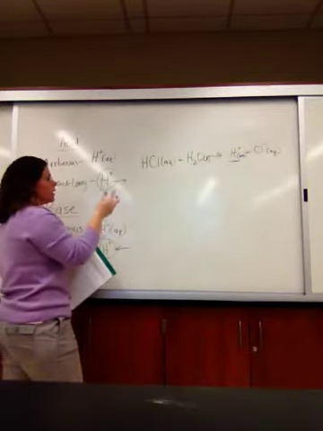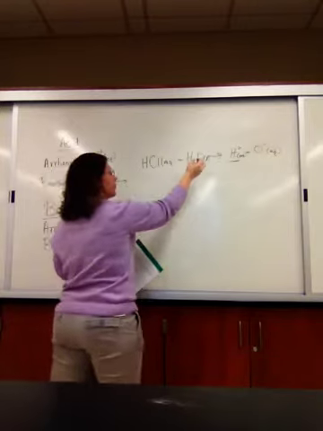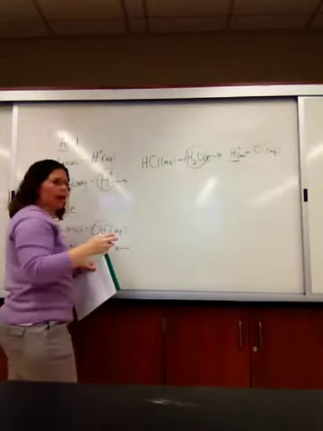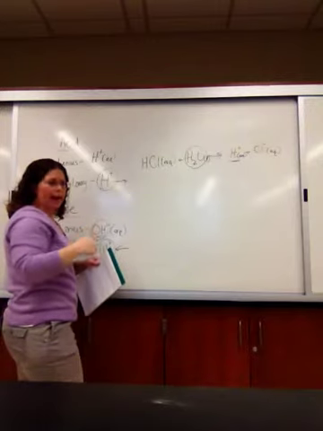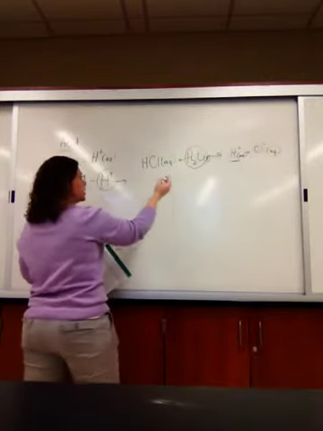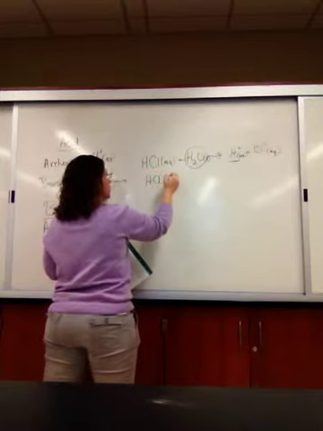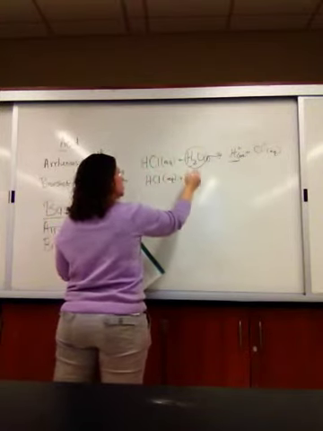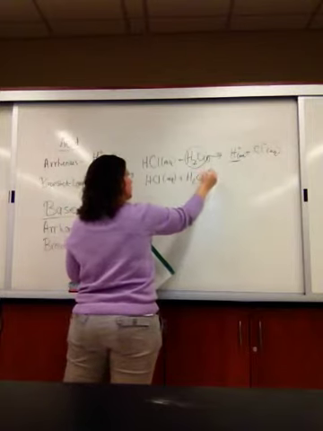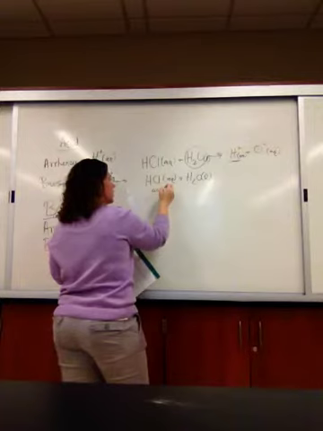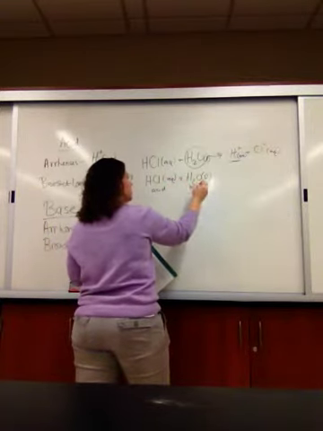Bronsted-Lowry says that in water, the water itself acts as a base. So in this same solution, you would have HCl, of course in water, plus your water that's in solution. This is going to act as the acid. This is going to act as the base.